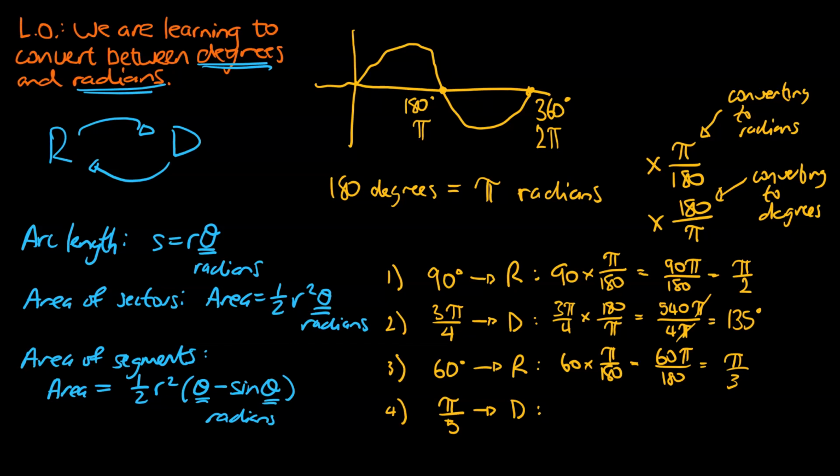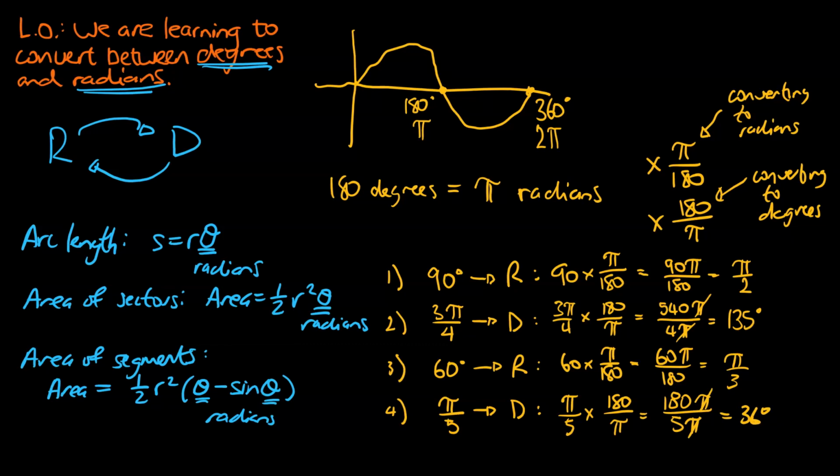We're converting to degrees. So we're going to start off with pi divided by 5, which means 180 is on top and pi is on the bottom. That's going to be 180 pi divided by 5 pi. The pi's are going to cancel each other out, and 180 divided by 5 gets us to 36. So which means that there will be 36 degrees.